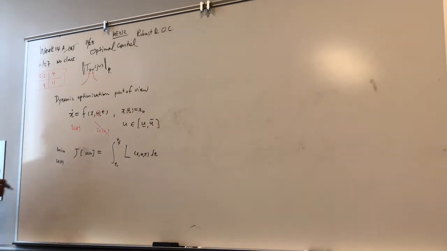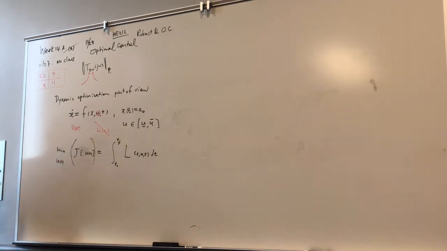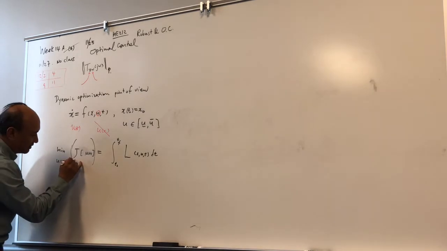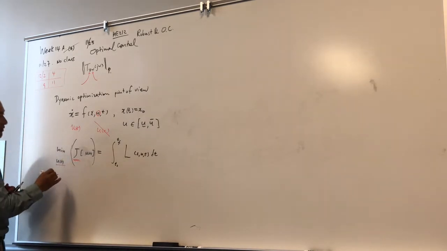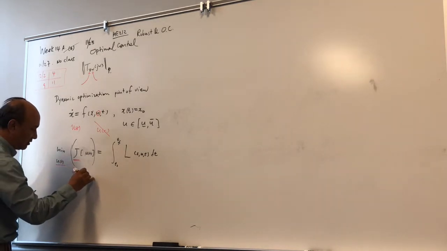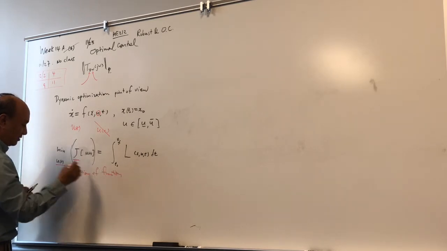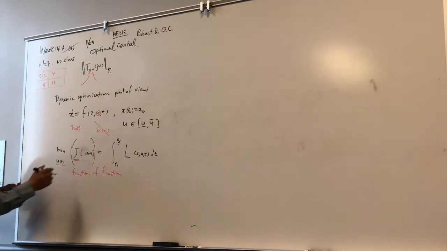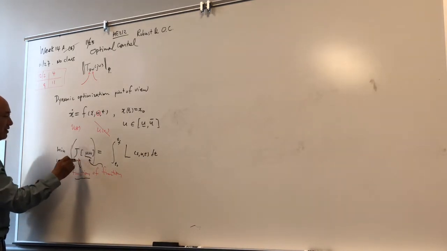So we want to minimize something, and be careful, it is itself a function. So it's a function of a function. This is a function of t, and this is a function of u.